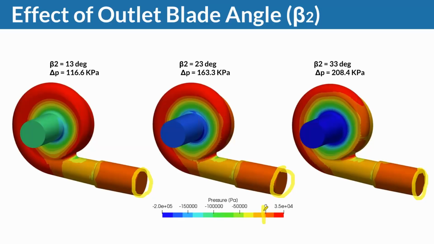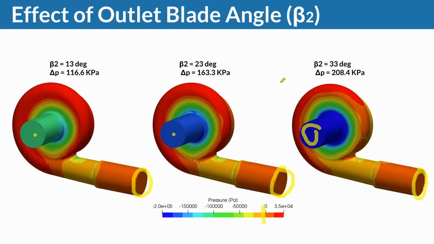So that guy here. And so what we can now see, the first thing that gets obvious, is that pressure at the inlets is basically the lowest for the 33 degrees beta 2, and then it goes higher to the 13 degrees, right? 33, 23, and then 13. And we can see that the pressure increase across the pump significantly rises with rising beta 2, right?